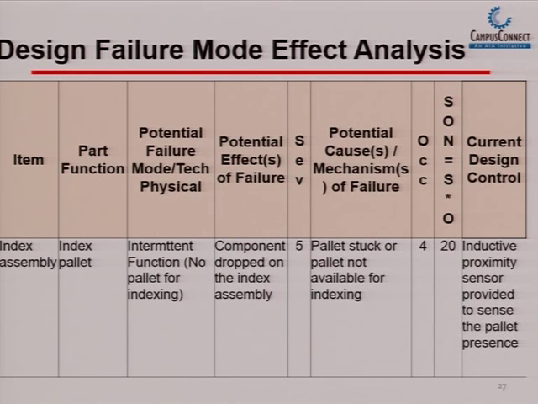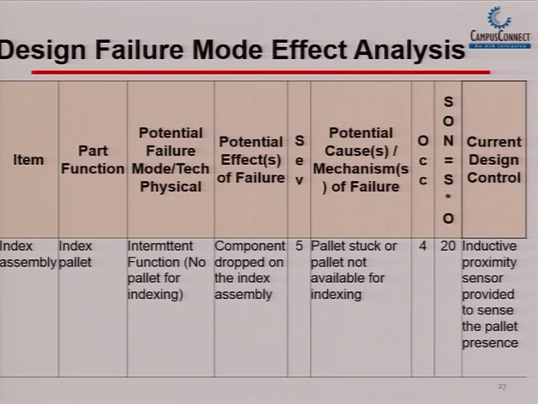Then you have design failure mode and effect analysis. What can go wrong in your machine? You may be a very expert designer, but there are many things that can go wrong inside a machine which we have not thought of. Generally, when we have an indexing operation, what happened in high-speed chassis was that the indexing would start automatically, even when there was no pallet on the conveyor.